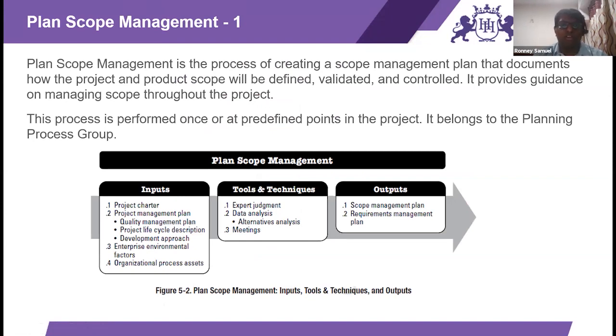So what does it do? It's the process of creating a scope management plan that documents how the project and product scope will be defined, validated, and controlled. So anytime someone asks a question, what should I do with this plan, how to validate a scope, how to control a scope, all this answer should be provided in your scope management plan, which is an output of plan scope management.